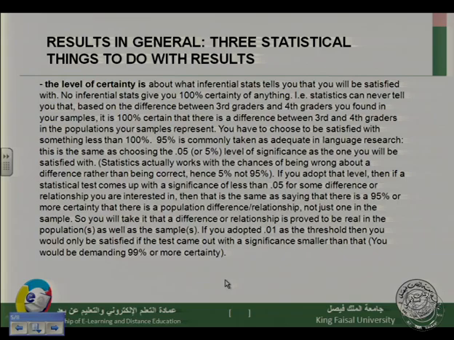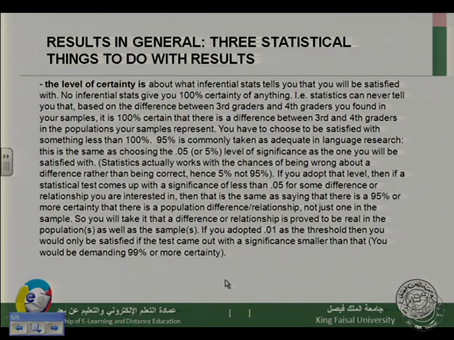No inferential statistics give you 100% certainty. After we do research, we cannot be 100% certain that these results are 100% perfect. No, you should have some margin of error, and this is calculated to be 5% at least in your research.